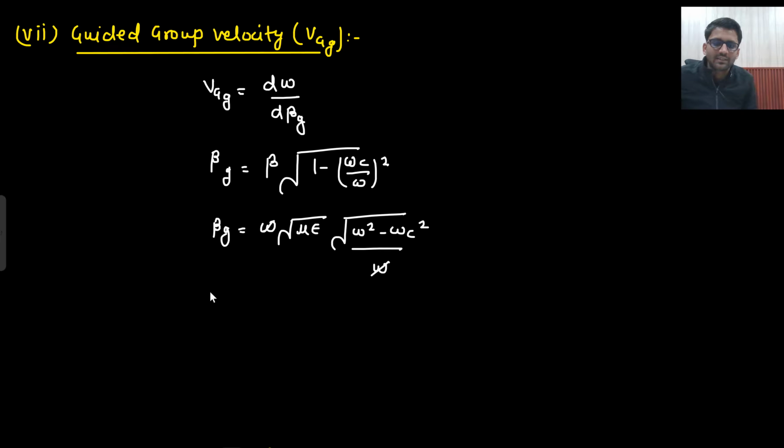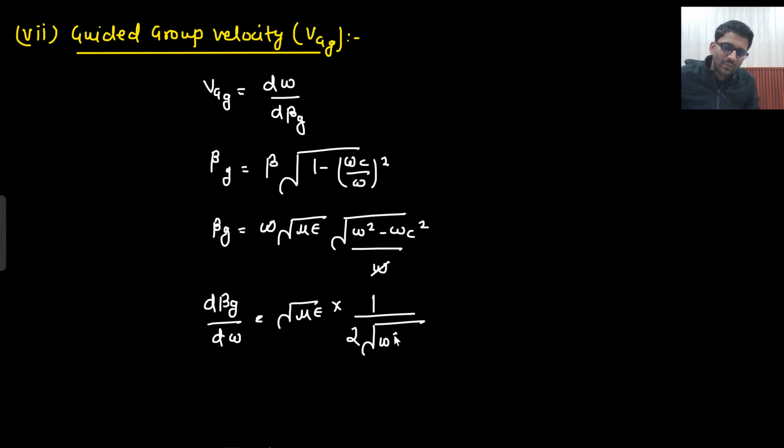Now this and this get cancelled. And if I do the differentiation now, d beta g by d omega, under root mu epsilon will remain there as it is. Then I do the differentiation: omega minus omega square into 2 omega. Now this and this get cancelled.